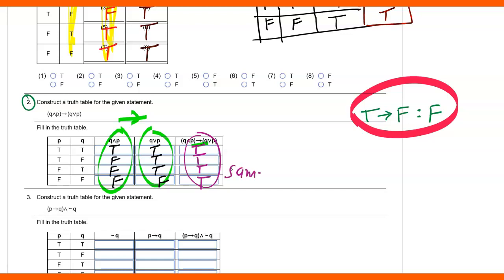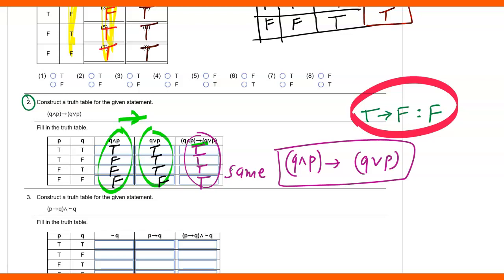I just want to tell you, this statement, Q and P right arrow Q or P, that statement is called a tautology, because the truth values are all the same, true. That statement is called a tautology.